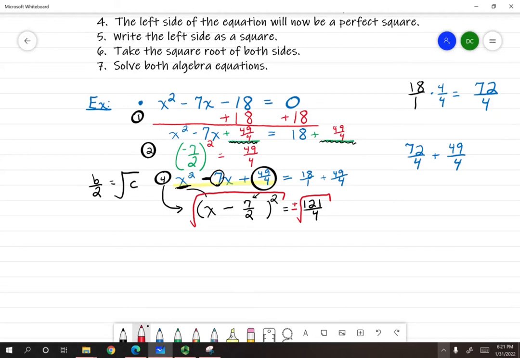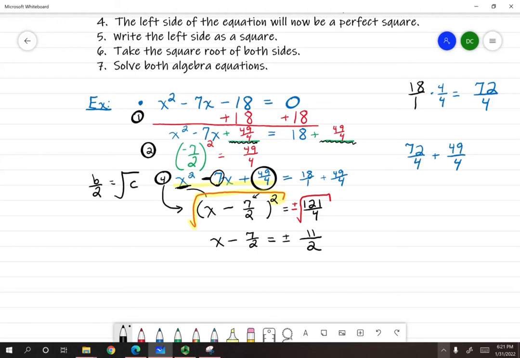The square root and the squared are what we call inverse operations. So what I really have is just x minus 7/2 equals plus or minus the square root of 121 is 11. The square root of 4 is 2.